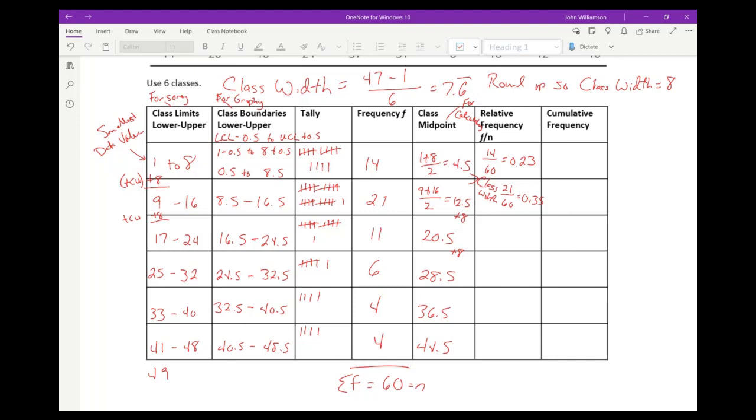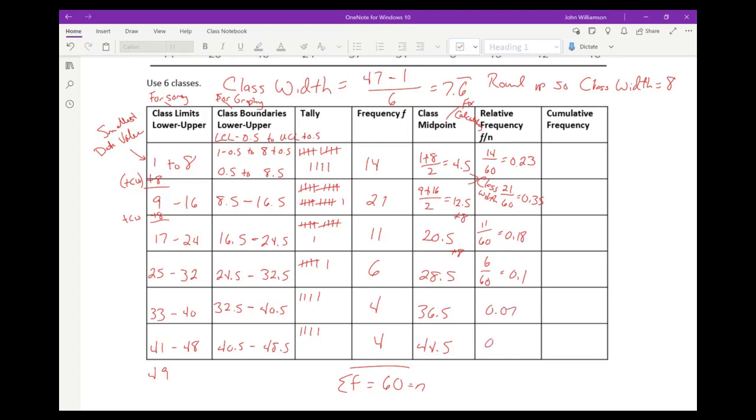But by putting it into the relative frequency, everything's going to be out of 100, basically. So it's always going to be a decimal, which we can compare easily. And so same idea, right? We just go through, so 11 out of 60, and we get 0.18. 6 out of 60, we get 0.1.